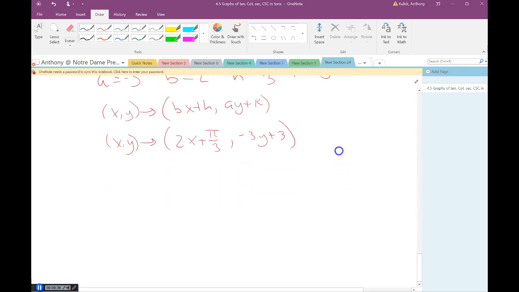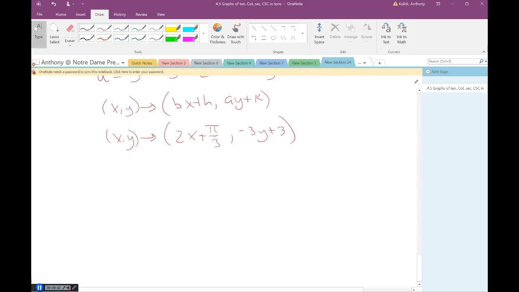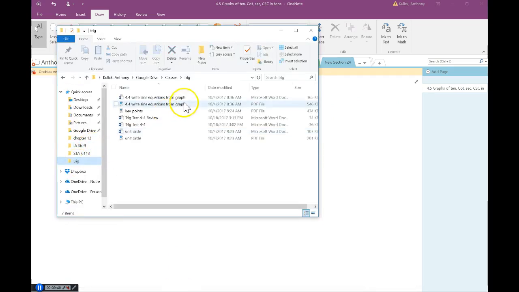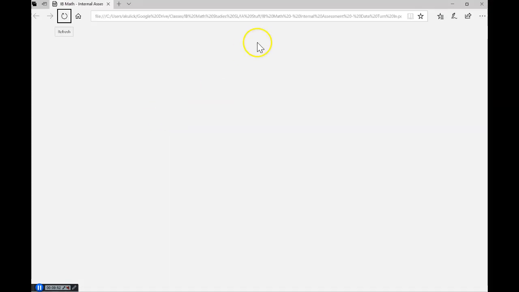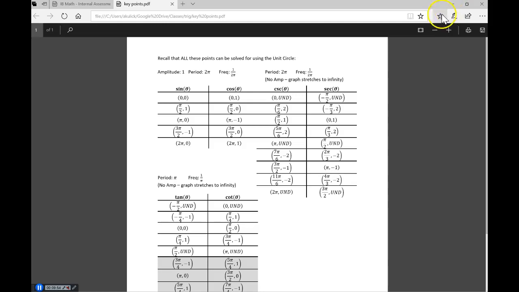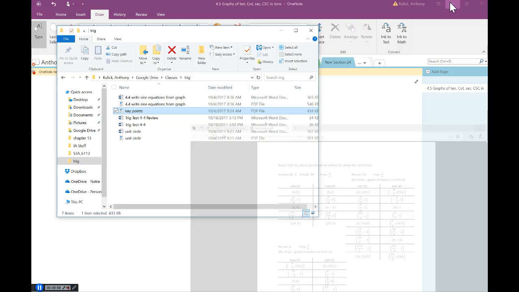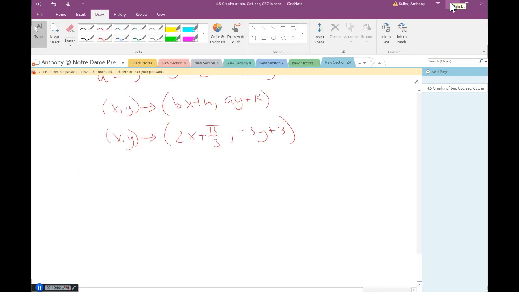Okay. Then I'll go to my key point sheet and look at the key points for tangent. Unfortunately, I don't have those memorized like I do for sine and cosine, anyways, I use those so much. So I'll just take a quick peek. I don't remember.